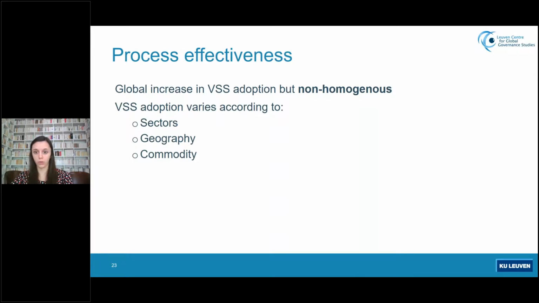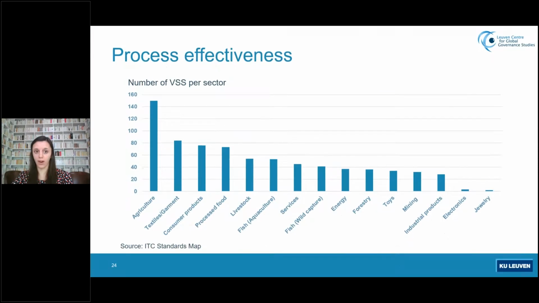So first, we are going to see that VSS are more active in some sectors than others. So on the slide, you can see on the graph that the majority of VSS actually exists in the agricultural sector, and that there is also quite a lot of VSS in the garment sector and in consumer product and processed food.